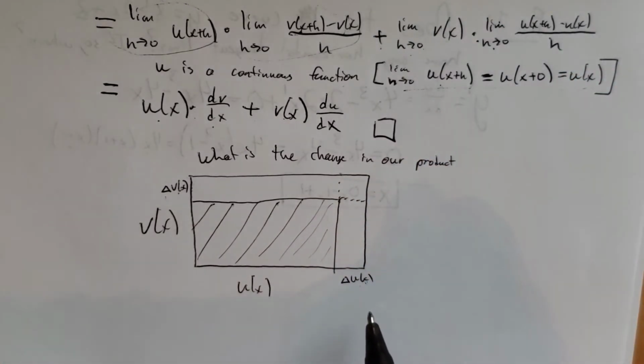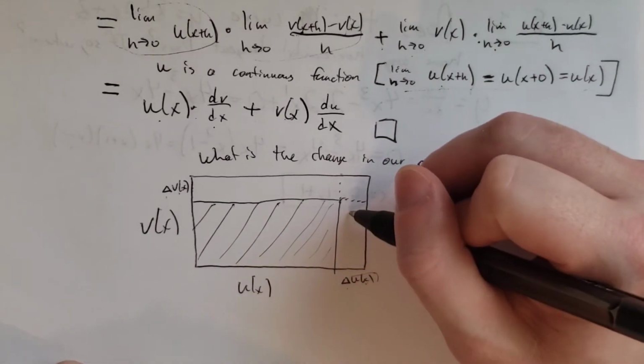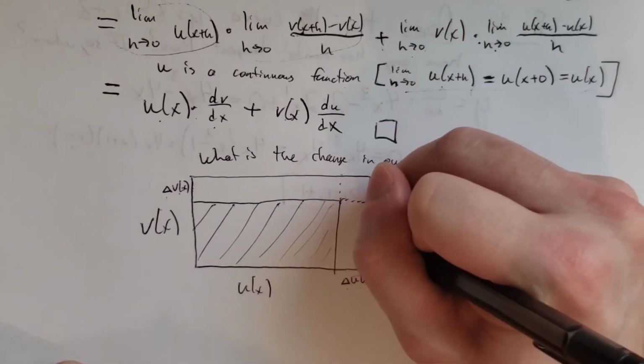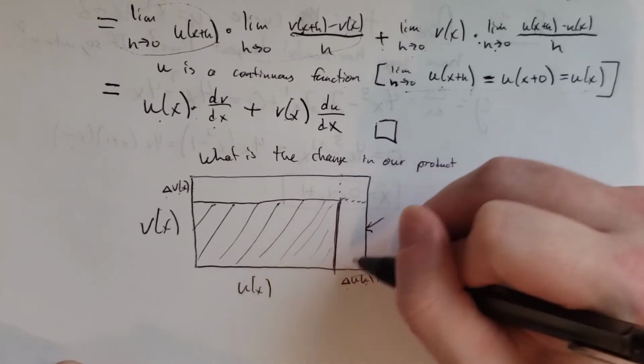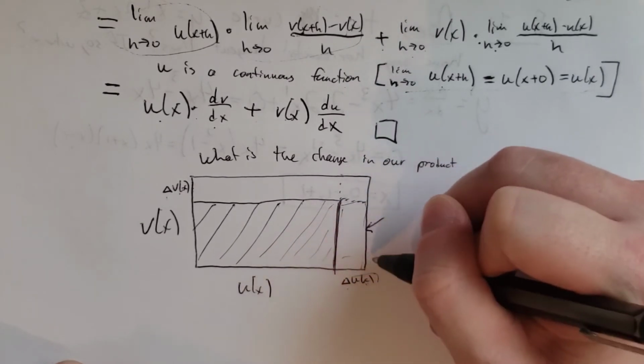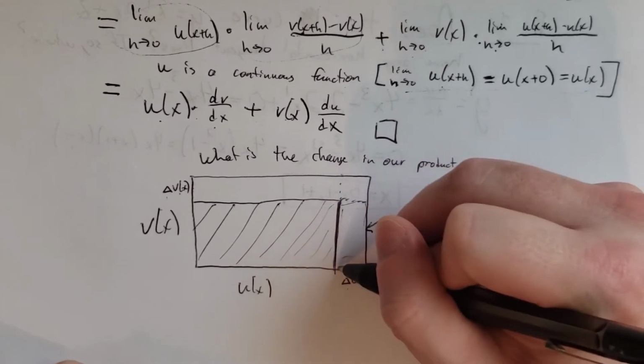Well, as h goes to 0, this change in u of x is very, very small. So what do we get here in this region? We actually get v of x, right? How do we find the area of this rectangle here? That is the height times the width.